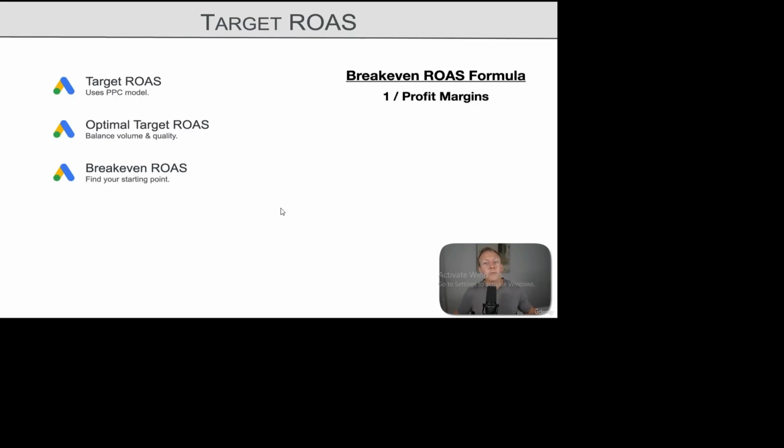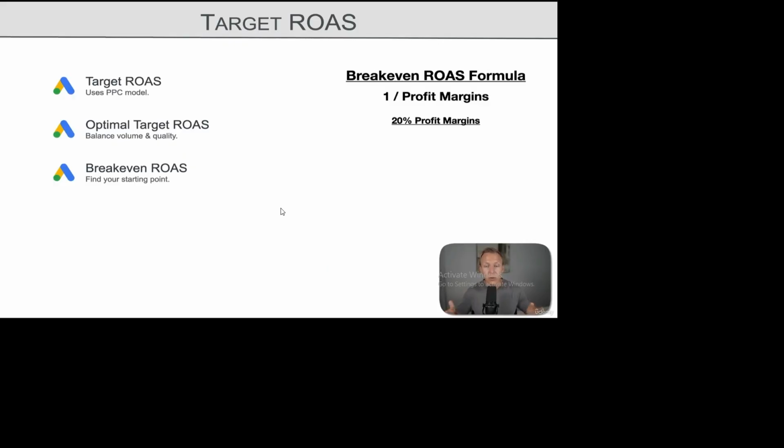In order to understand what your break-even ROAS is, we need to take the entire calculation into mind here. So that means that we need to understand what our profit margin is, and when we understand that, we can have a deeper look at what our ROAS needs to be. So the break-even ROAS formula is you take 1 and you divide it by your profit margin.